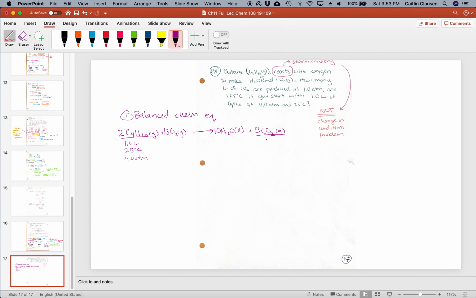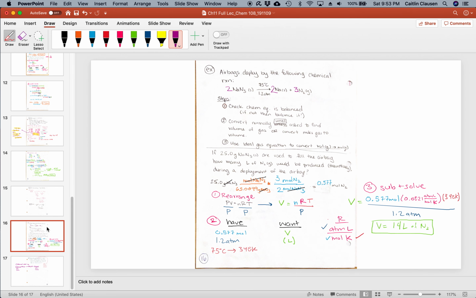We ended up with some number of liters of carbon dioxide at 125 degrees Celsius and 1.0 atm. I just got these lists from the word problem, so the information given.